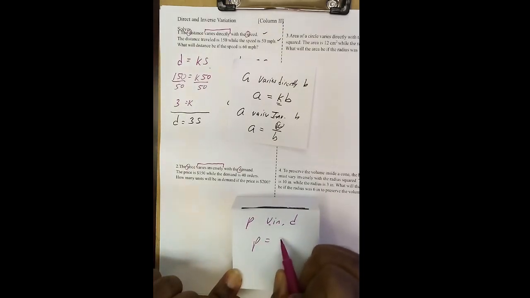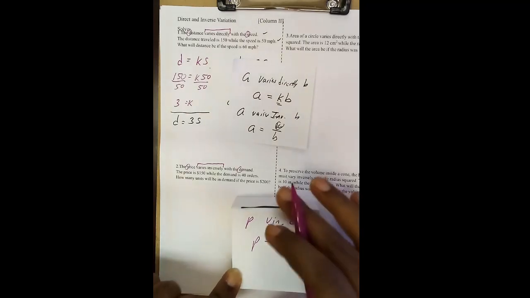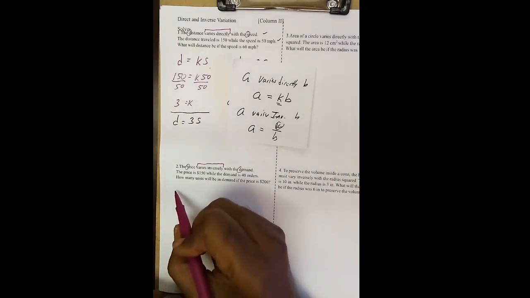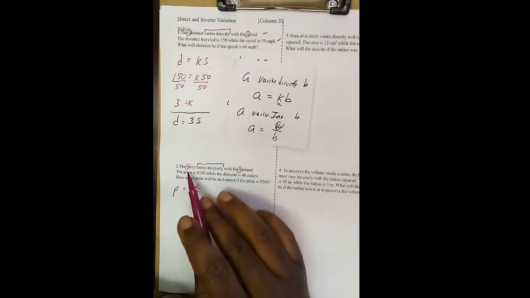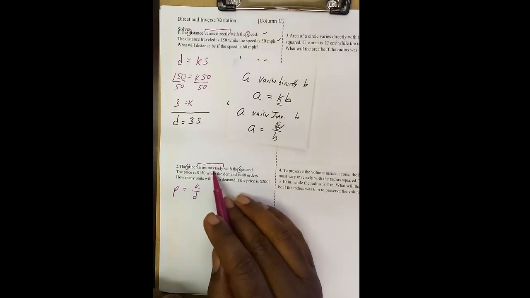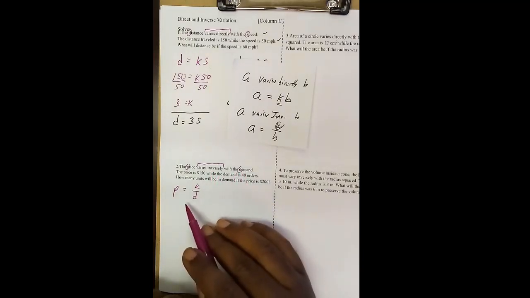So this will be P equals K over D. Price equals K over D. That's price varies inversely with the demand right there.